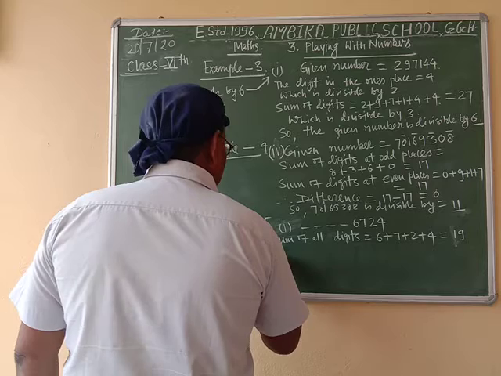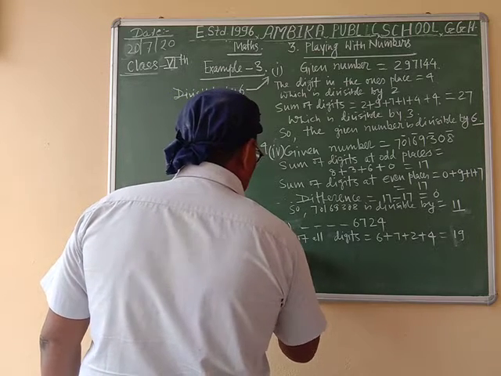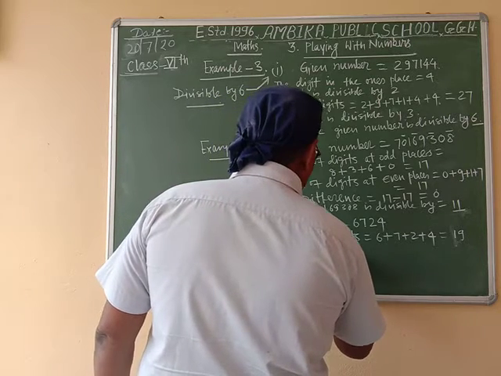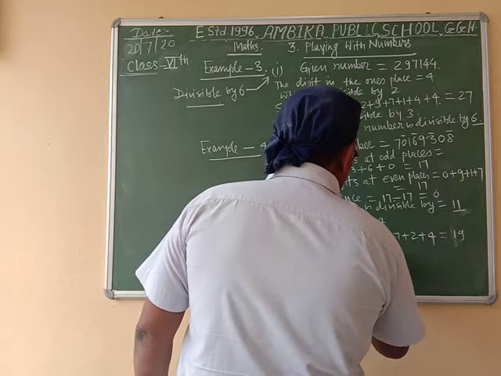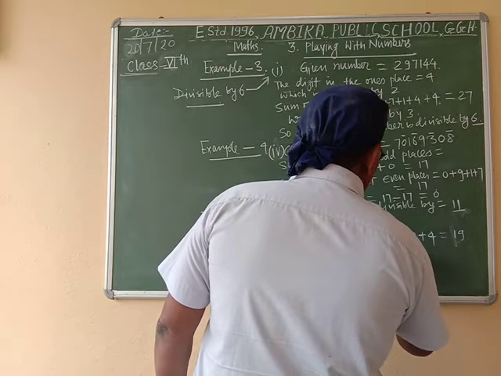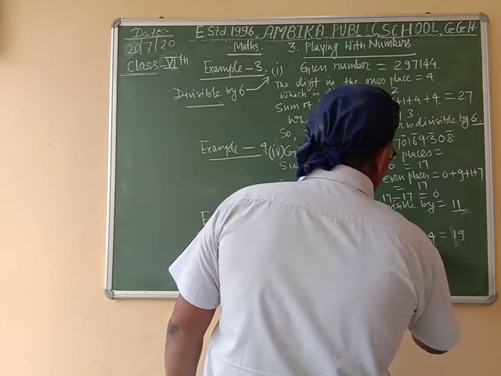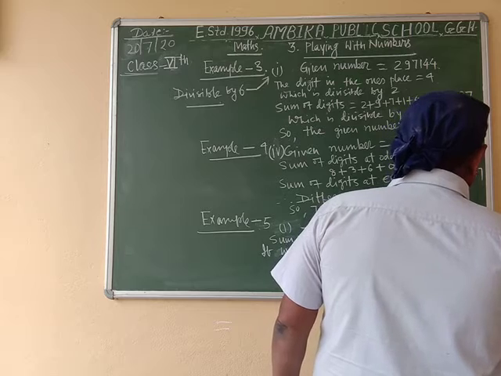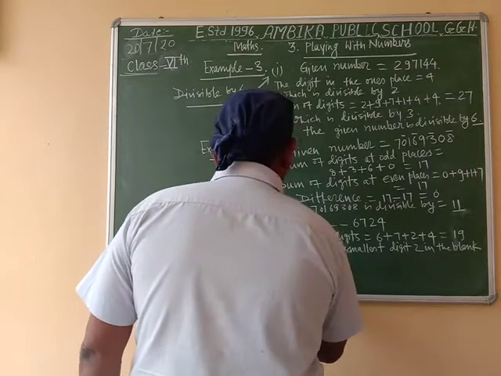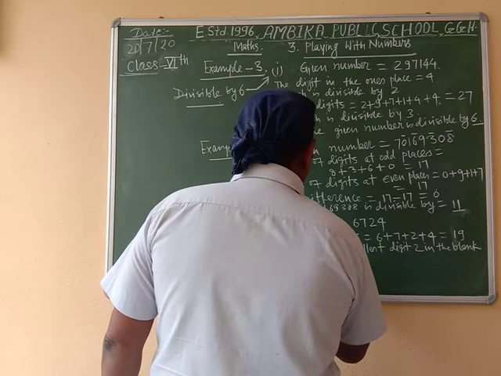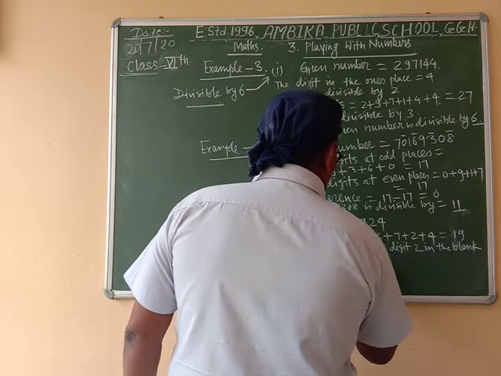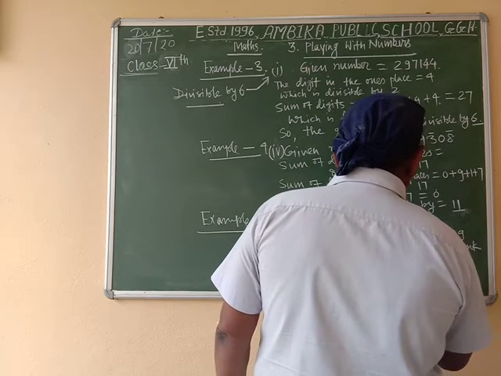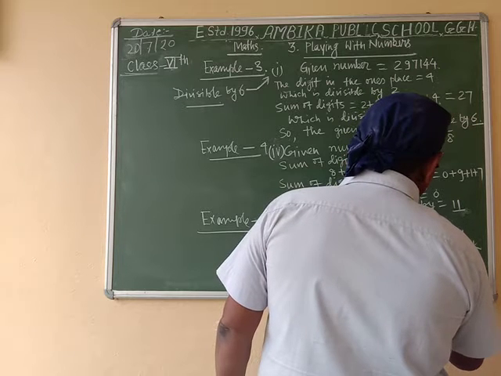If we put the smallest digit 2 in the blank place, we have 2 plus 19 is equal to 21, which is divisible by 3.